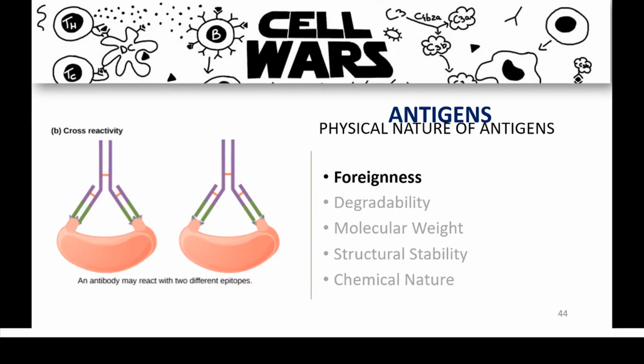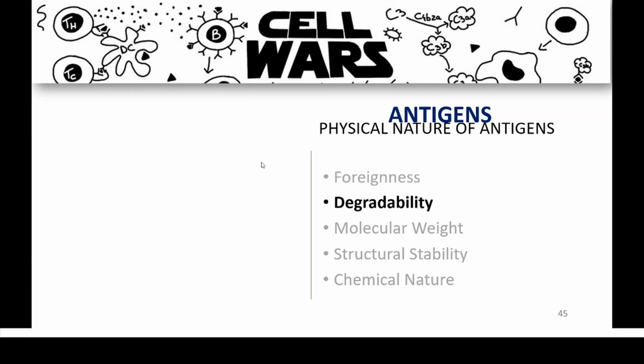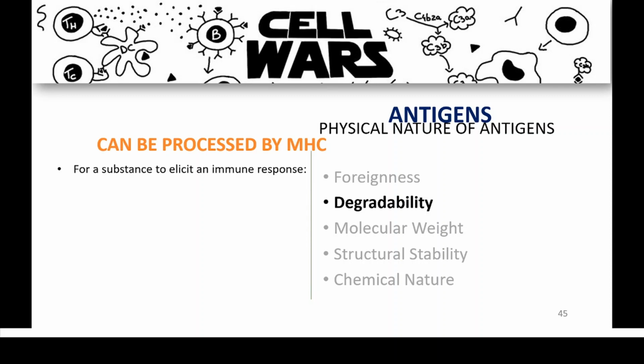Another factor is degradability. Degradability pertains to the property of the antigen to be processed by MHC and to be presented by antigen-presenting cells. For a substance to elicit an immune response, it must be subjected to antigen processing.